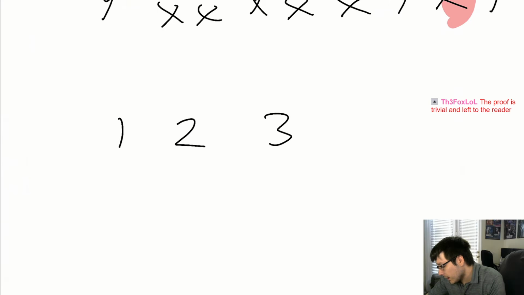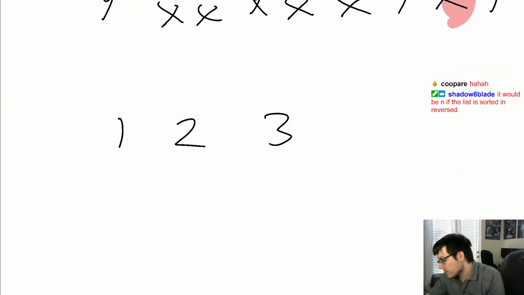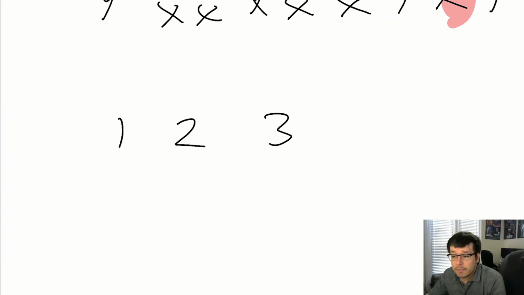And they have array i for that, which is going to start at 0, or 1 actually, and then go to 0. No, based on what I'm looking at, I disagree with them. I say that it's still n squared.